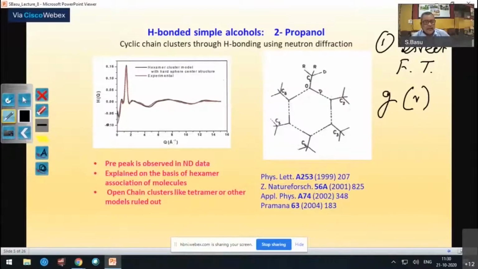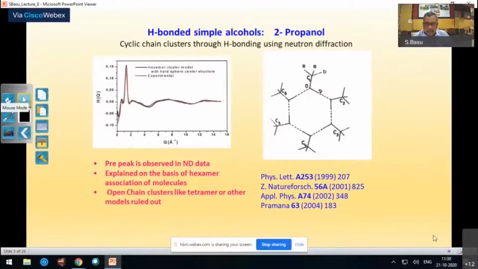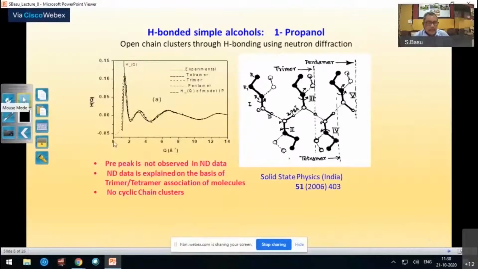So it was a hydrogen bonded alcohol, and they found out the hexamer rings in this, open chain clusters, tetramer rings in this system. Another example I had taken is, everywhere you see we can go to a very large Q value, and we can see a pre-peak, and these have been fitted by some technique, and this structure, the short range order structure, has been determined.